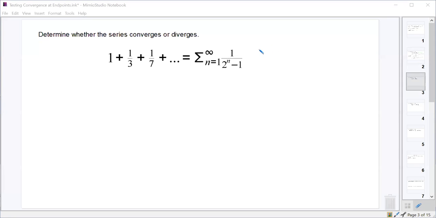Yep, should be all positive terms, right? And as I go towards infinity, what piece of this thing becomes very insignificant? That minus 1, right?